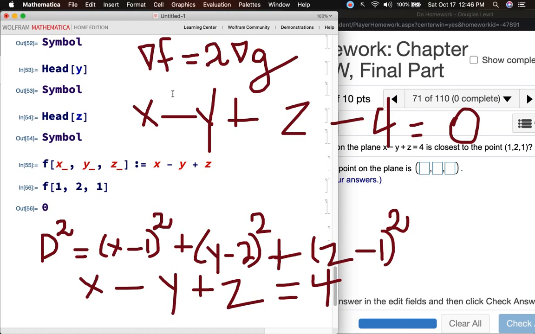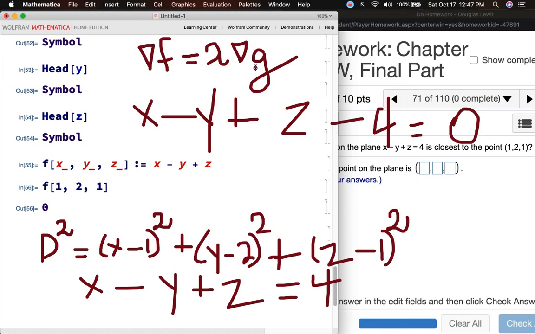So f is the function that we're trying to minimize, and g is the constraint. Whatever values we pick for x, y, and z, it's important that x minus y plus z has to be equal to 4. So the gradient vector of f is equal to lambda times the gradient vector of the constraint function.